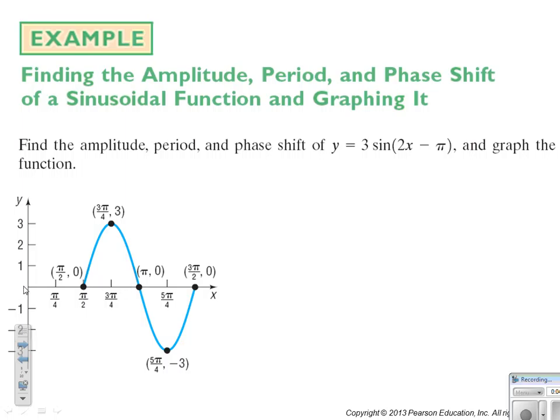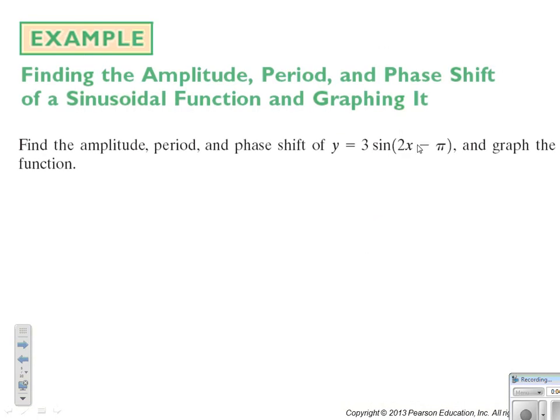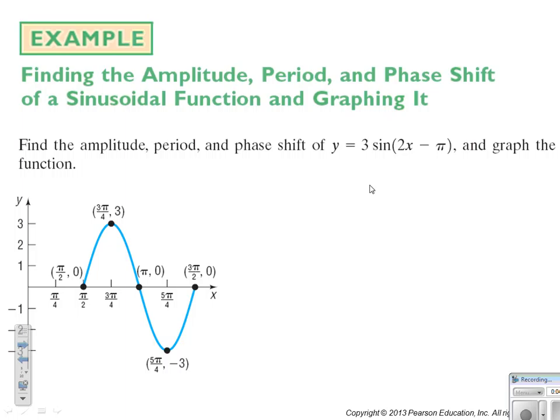Our period is 2 pi over omega, so whatever's in front of the x is our omega. So we've got 2x, so it's 2 pi over 2, or just pi, so it's going to cycle every pi.